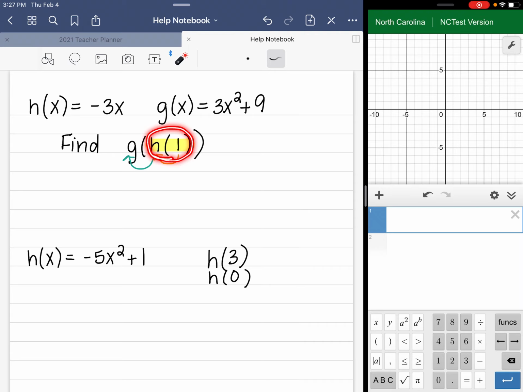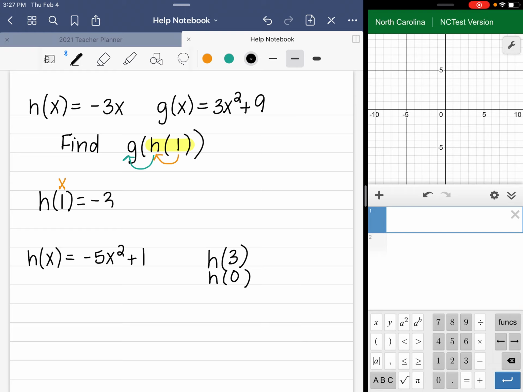So I'm going to start by using my h function. So we're going to start with h. We're going to use h here. All right, so if I start with h of 1, that means that my input is my 1 value for x. So this is going to be -3 times 1.